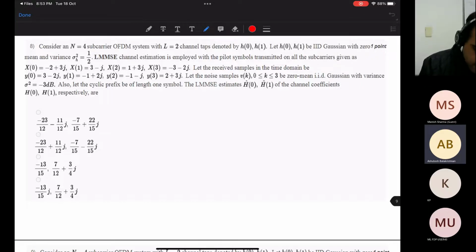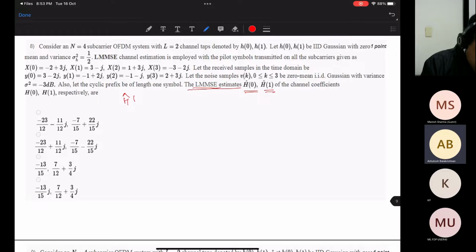So now we are asked, it's a build up to the previous question, what are the estimates h hat 0 and h hat 1, right? So this is the estimation question. So let's just do that.